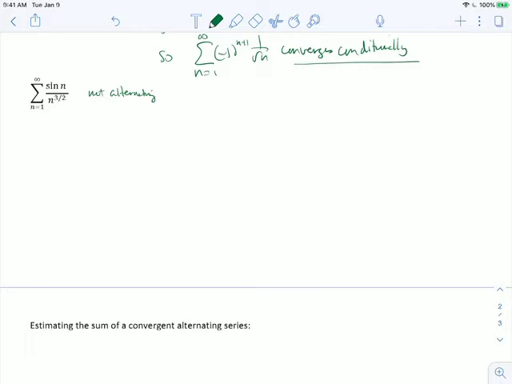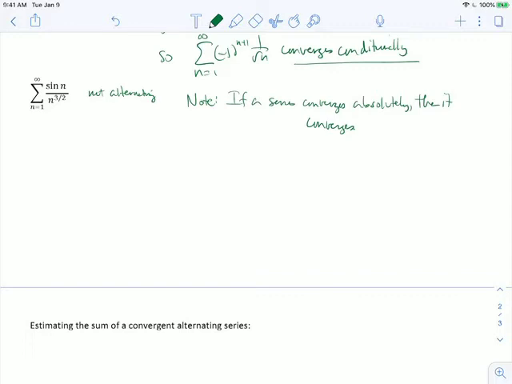And in fact, I'm going to let you in on sort of a shortcut to determine absolute convergence or convergence of the series. So here's a note. If a series converges absolutely, then it converges.